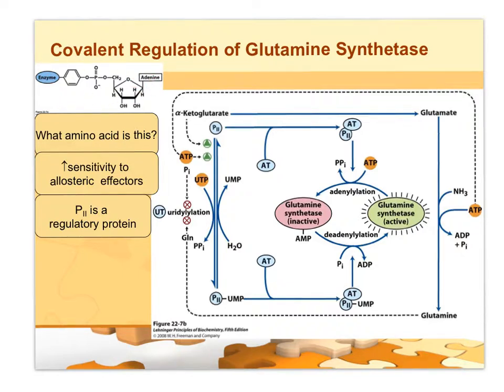The enzyme itself has an amino acid that can be covalently modified. What amino acid was this originally? Tyrosine. Okay, because see, this would be the benzene ring. That would be the alcohol that can go on to be a nucleophile for various things. And so this is just showing you. Does anyone know what is this right here?